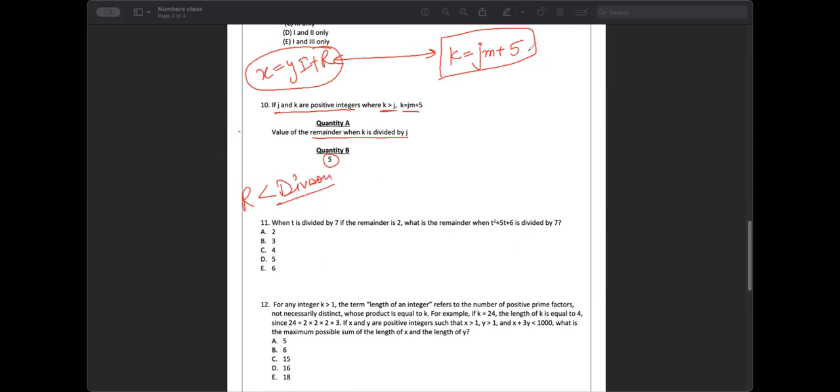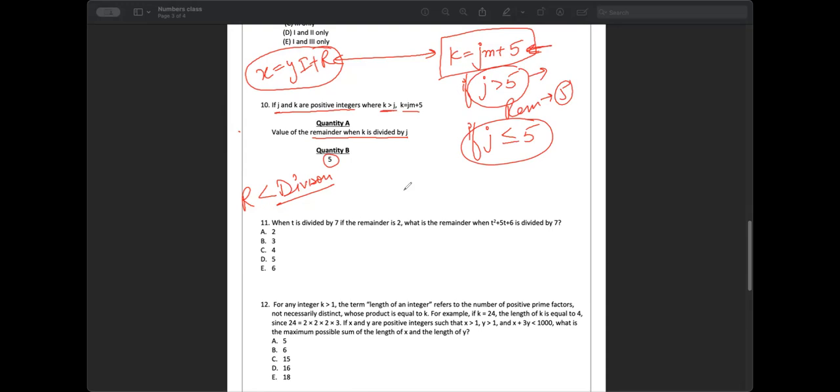See, in this case, let's say j is the divisor. If j is greater than 5, definitely the remainder would be 5 in that case, right? But what if j is equal to or less than 5? For example, let's say j is 2.